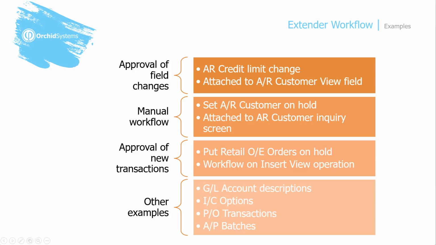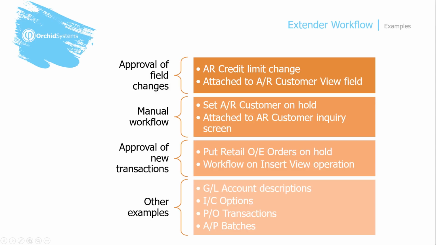Okay, so the examples we've looked at are approval of field changes, focusing on a change of an AR customer credit limit, and that's attached to an AR customer view field. We've looked at an example of a manual workflow attached to the AR customer inquiry screen that sets a customer on hold and sends an email to the salesperson.